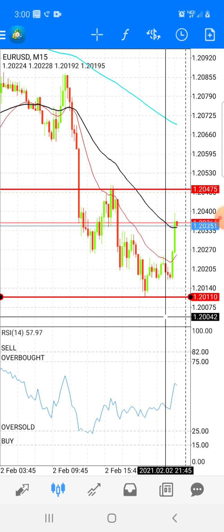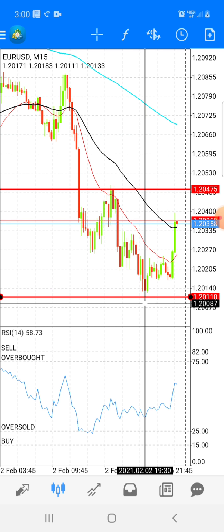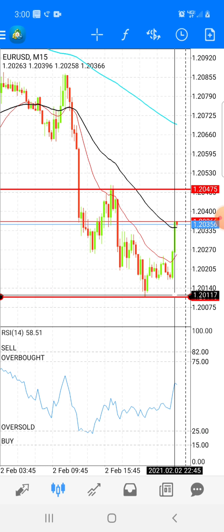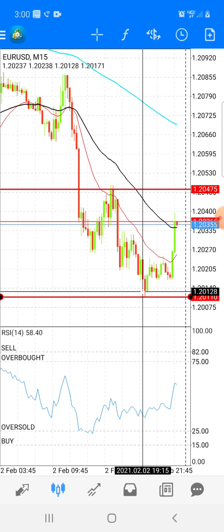The reason why I do that is because for the market to break support, that means that we got a strong bearish trend. And sometimes, and some people don't realize this, sometimes the market will wick you out and take you out of your trade and do exactly what you wanted.